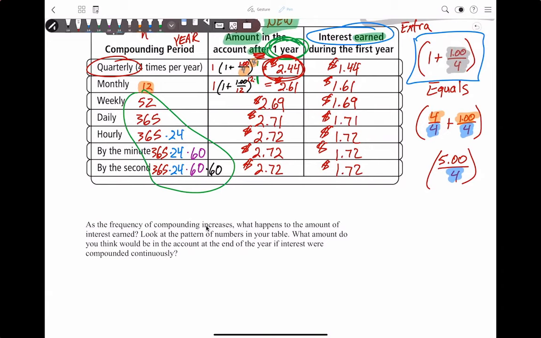So the amount of interest, as far as interest alone, grows close to 1.71828. This is what the interest grows close to. Or the number e minus 1.